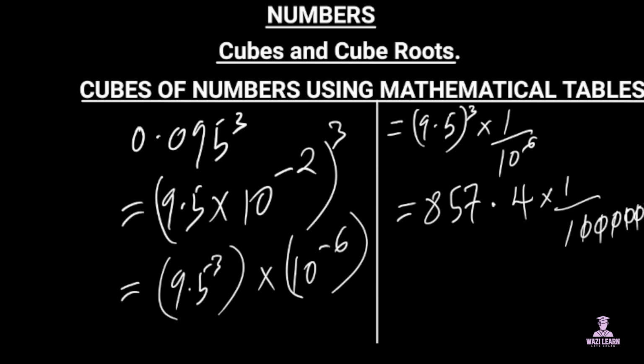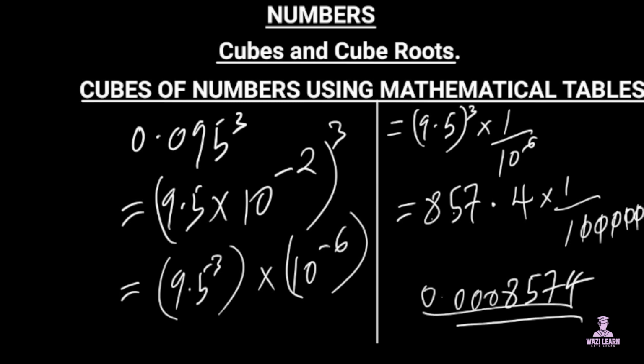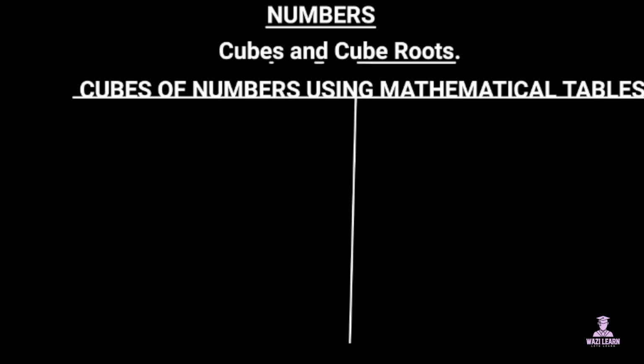The decimal point will move 6 steps forward, so it will be 0.000857. So that is our cube of 0.095.